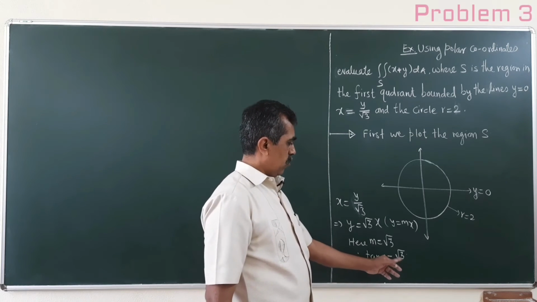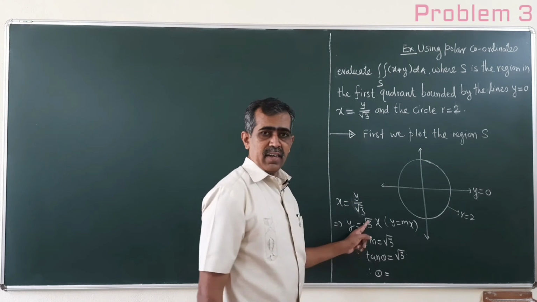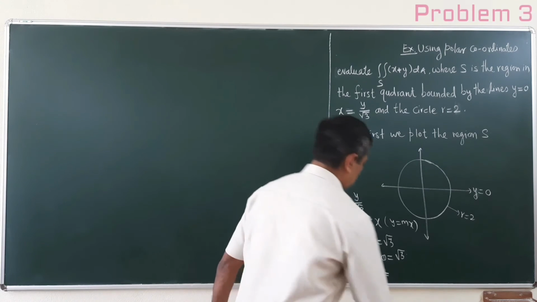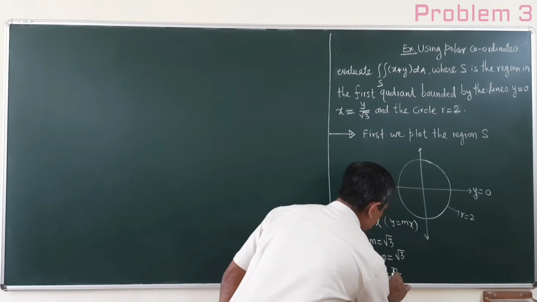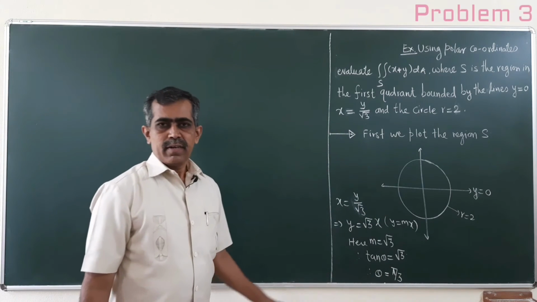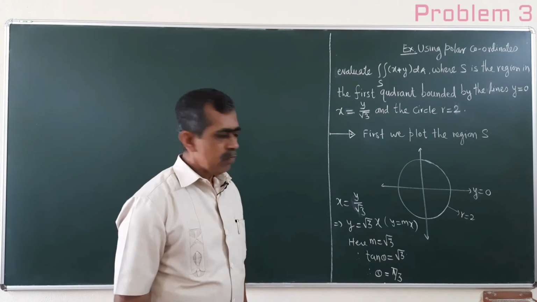Therefore, what is the angle made by this line? Immediately you will get it: it is pi by 3, because tan pi by 3 is root 3.